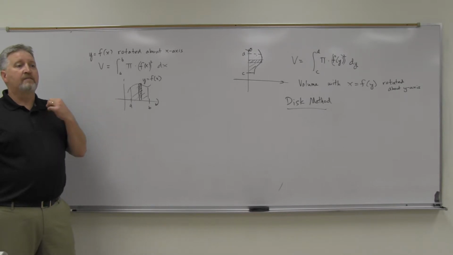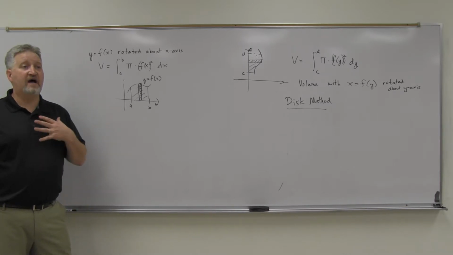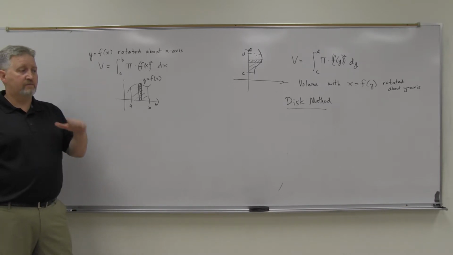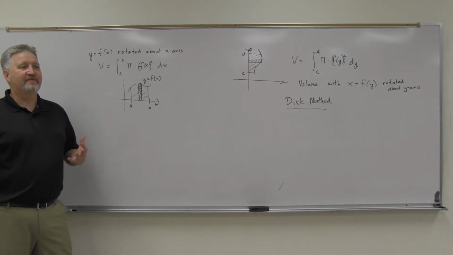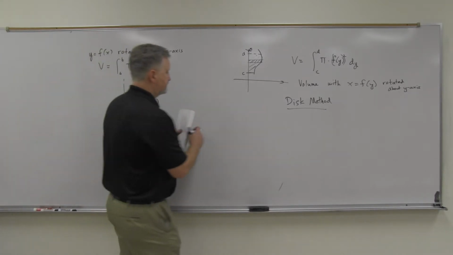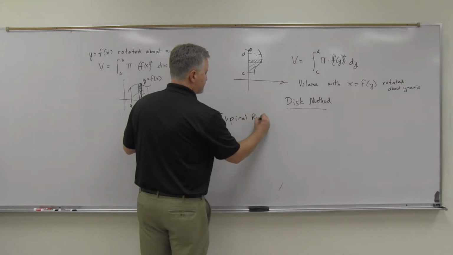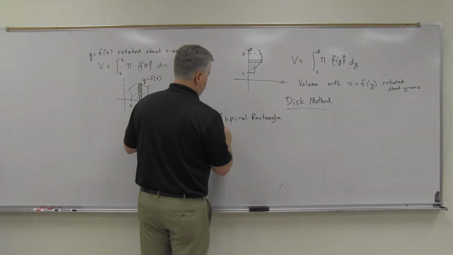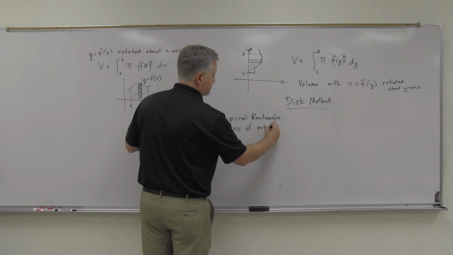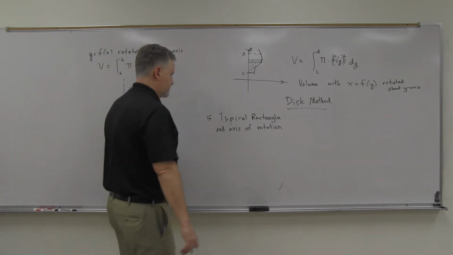Why do I mention that? Because in a couple of problems in one of the homework sections, you have to decide whether to use disk method, washer method, or some other method we'll talk about in a moment. And this is how you decide. If the typical rectangle and the axis of rotation are perpendicular, that's disk method or washer method.